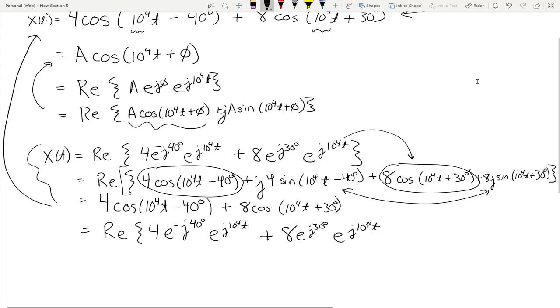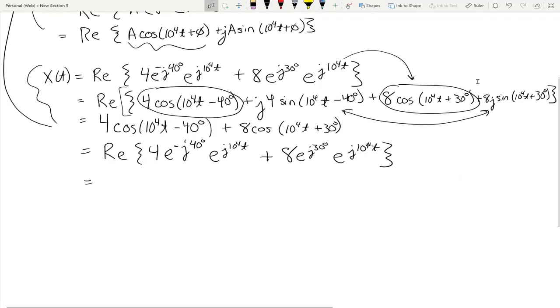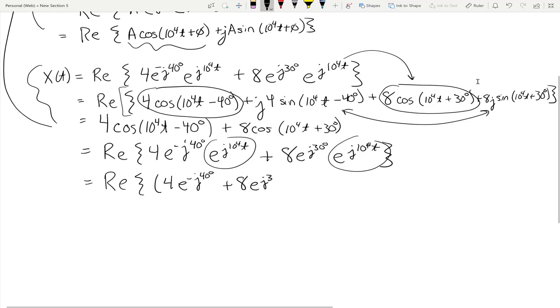So if I look at that, okay, I see that I can factor out in both terms the e to the j 10 to the 4th t. So it looks like I have 4e to the minus j 40 degrees plus 8e to the j 30 degrees, times e to the j 10 to the 4th t.